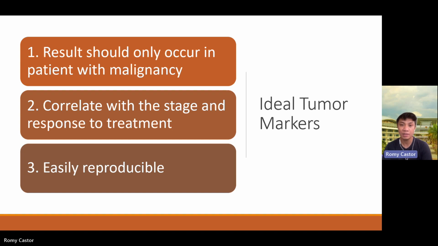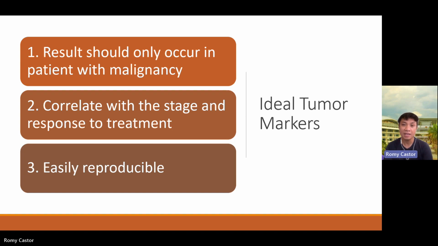The higher the concentration, the more advanced the cancer. And if the patient is responsive to the treatment, the level of the tumor markers should decrease. The third one, easily reproducible. If you repeat the test procedure, it should give you an accurate test result at different time points.